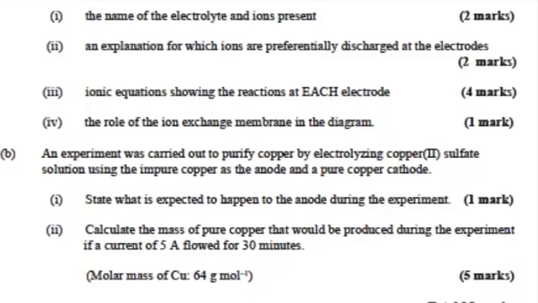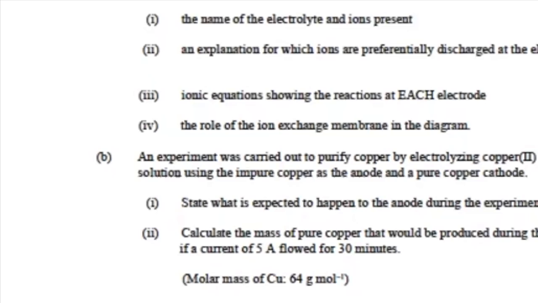Now, this is the electrolysis of copper sulfate, or a purified copper in this case. So we're looking at what's going to actually happen at the cathode here, the mass of pure copper that will be produced during the experiment. So at the cathode, remind ourselves that the cathode is the negative electrode.